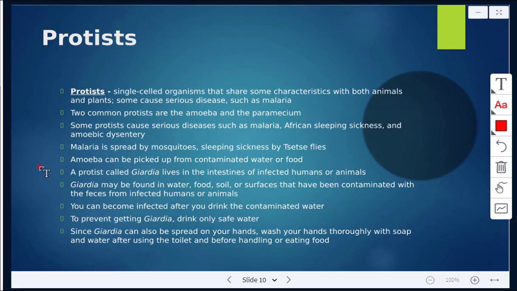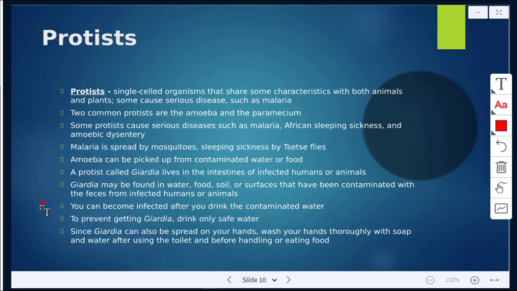It lives in the intestines of infected humans or animals, and it may also be found in water, food, soil, or surfaces that have been contaminated with feces from infected humans or animals. So if you drink that contaminated water or food, you can become infected.